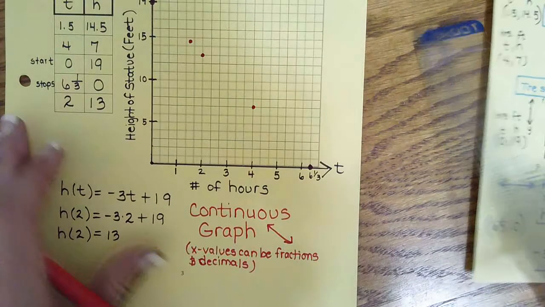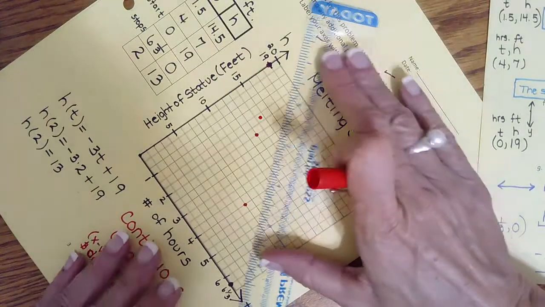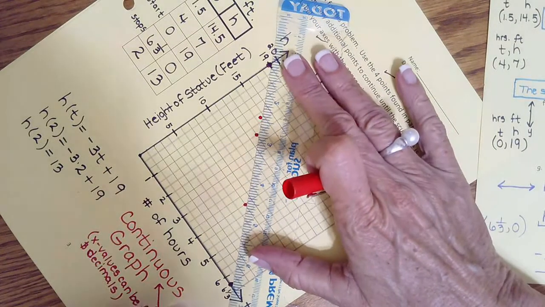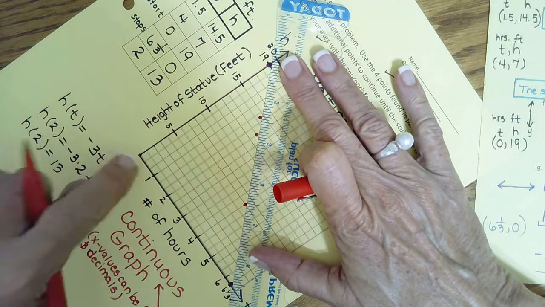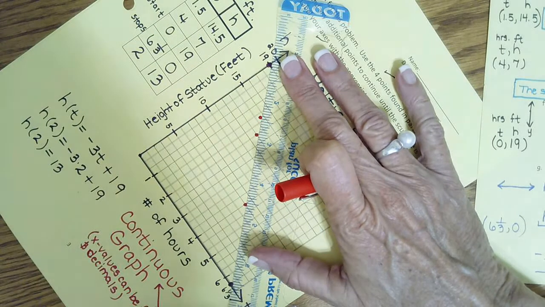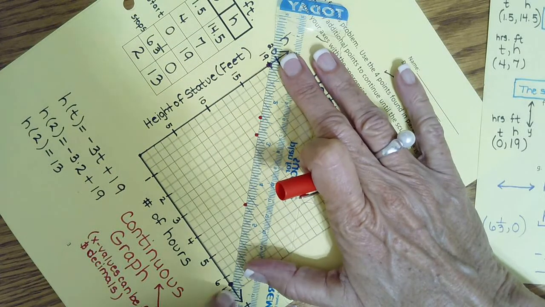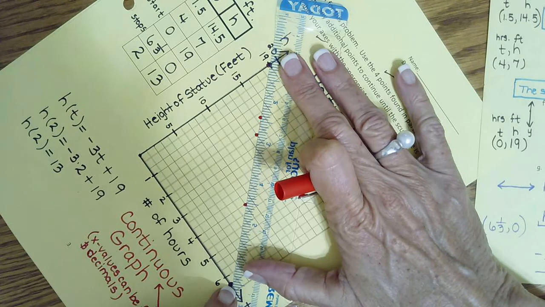So let's lay our straight edge on. And one thing you have to recognize is that this graph starts here, so don't put an arrow there. That would be getting into negative hours, and we can't do negative time. And also, it can't get lower than 0, so don't go past the x-axis, because this is when it's completely melted.